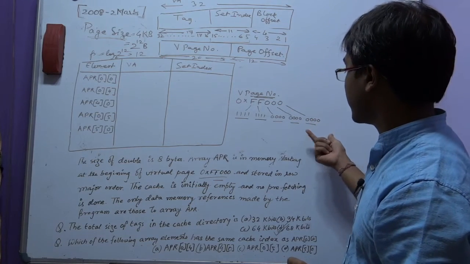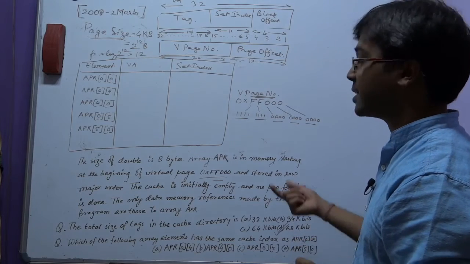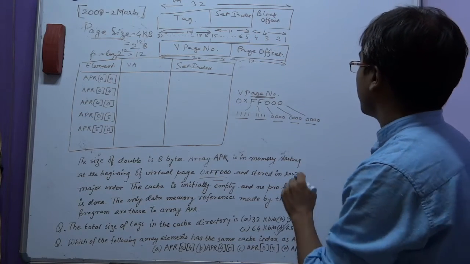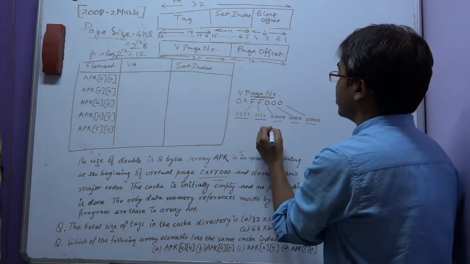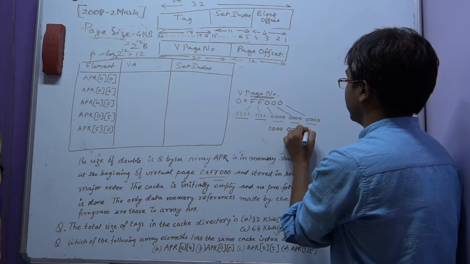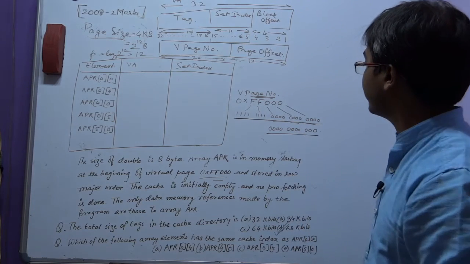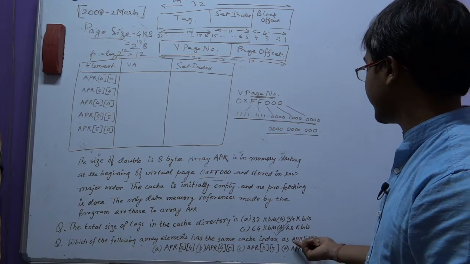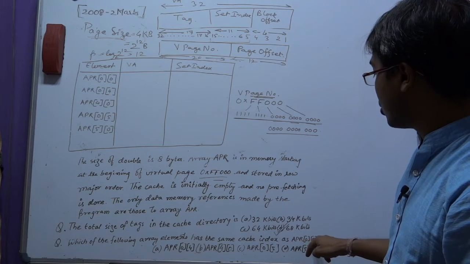And what can we say about the page offset of the first element, as it is starting from the beginning of the page? The page offset part of APR00 would be all zeros. So in binary, this would be the full virtual address of APR00. What about the address of APR01?